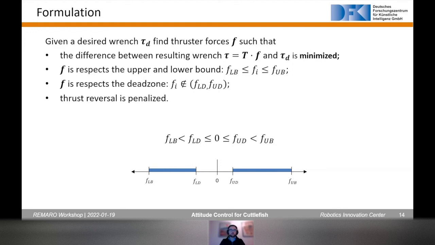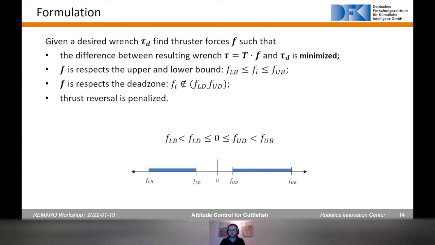We want to choose an F that respects the upper and lower bound, and even more importantly, an F that respects the dead zone, and that is quite critical. If you look at the graph down there, you can roughly see that the blue area is the range of thrust that is allowed, while the set that is not blue is not.